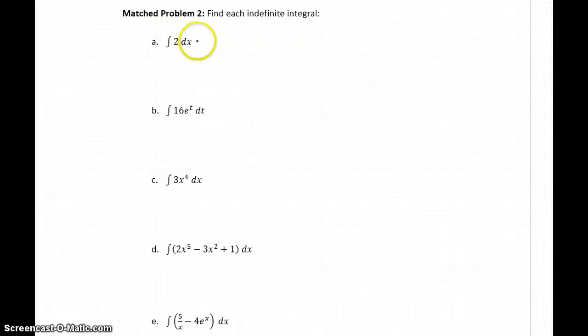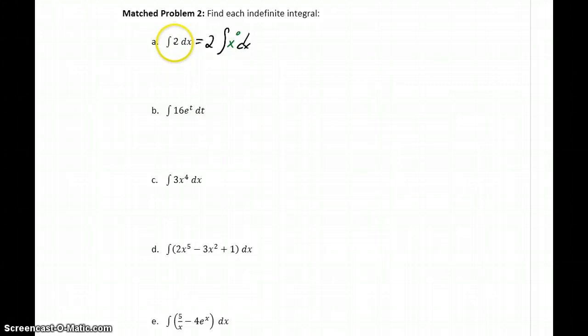So since that is a constant multiple, we could rewrite this as 2 times the integral of dx, but we still have this kind of missing piece of information here. So what we could do is insert here x to the 0. Anything raised to the 0 power is just 1. If we move that 2 back inside, we would just have the integral of 2 times 1 dx.